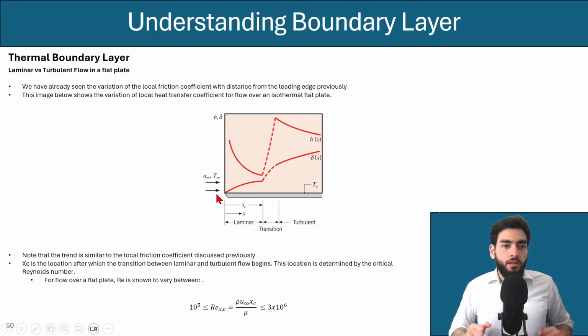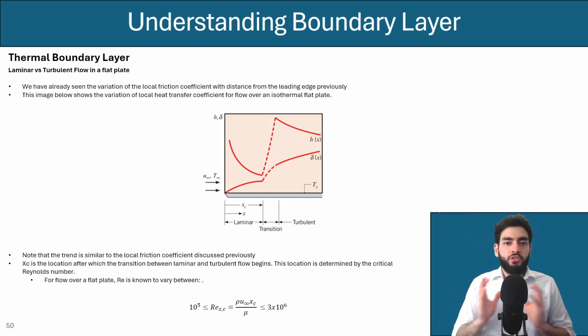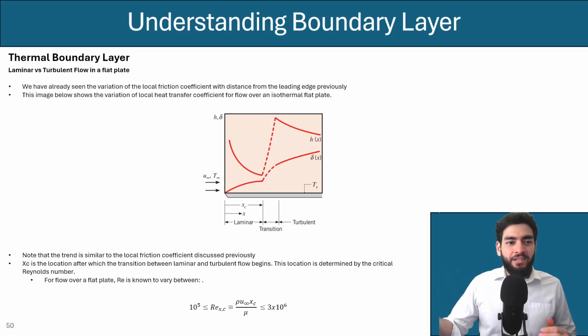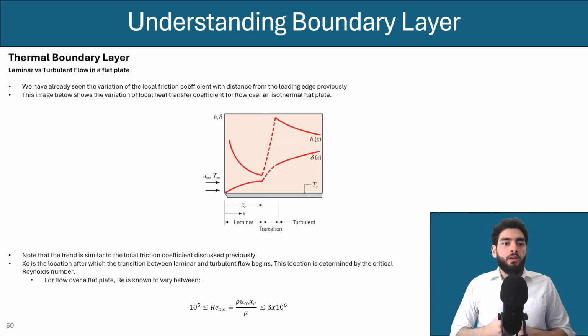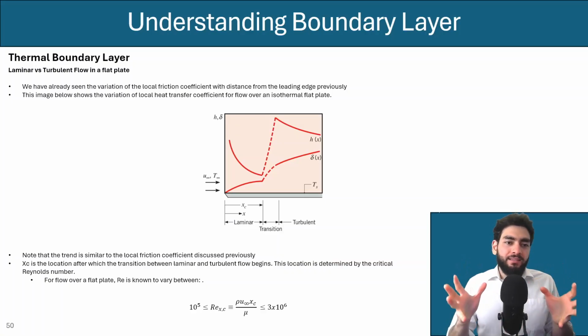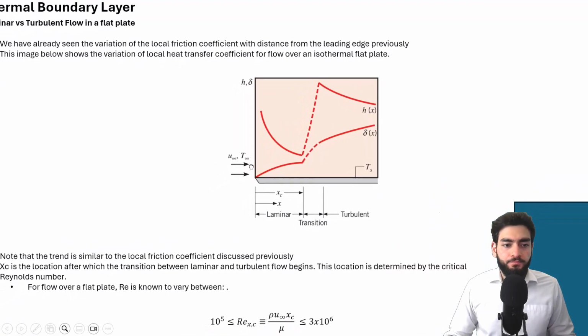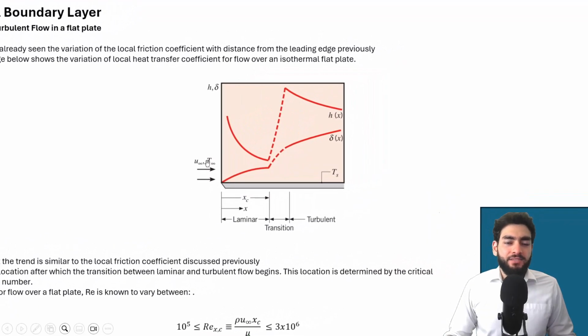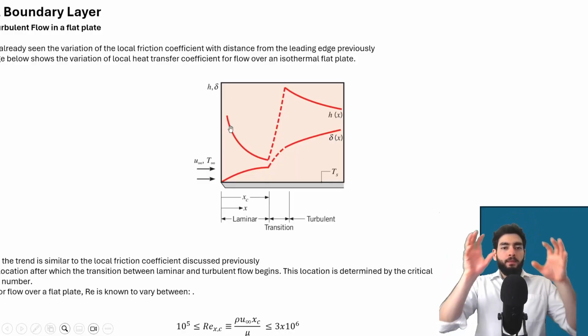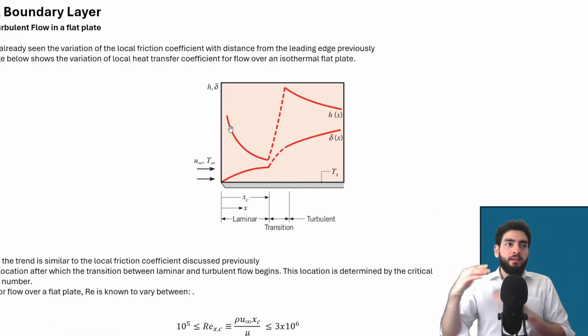Okay, so we've already seen the variation of the local friction coefficient with distance from the leading edge previously. And I really like this image because it shows us the variation of the local heat transfer coefficient for flow over an isothermal plate. And as I've said before, the local heat transfer coefficient starts declining the farther you go away from the leading edge.